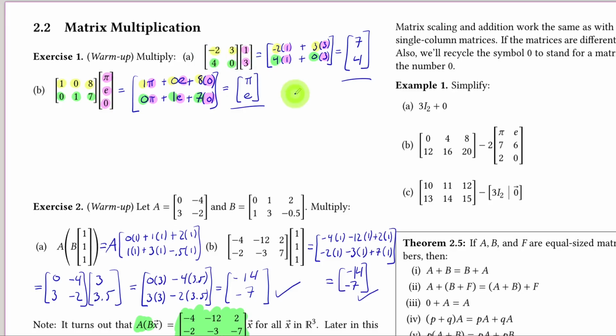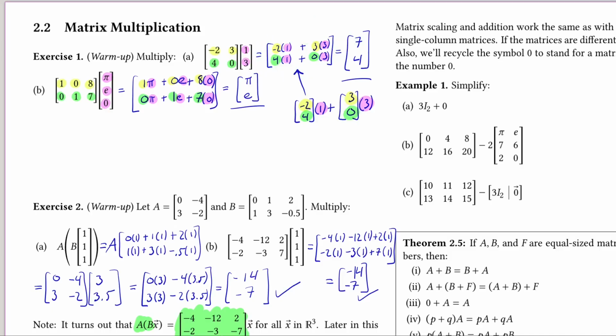And you could, of course, write this as -2, 4 times 1 plus 3, 0 scaled by 3. That's definitely the same thing, but it's going to help to understand how to do matrix multiplication if maybe you think of it this way.